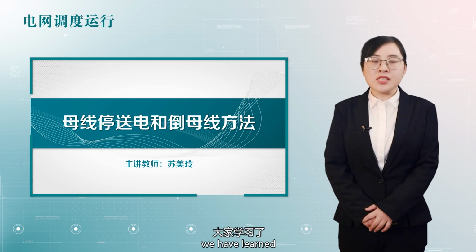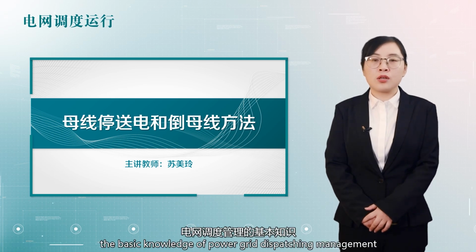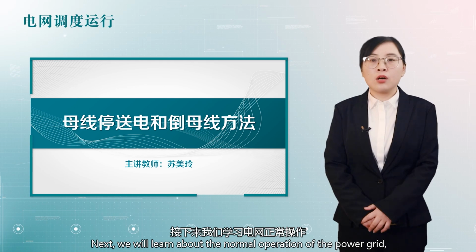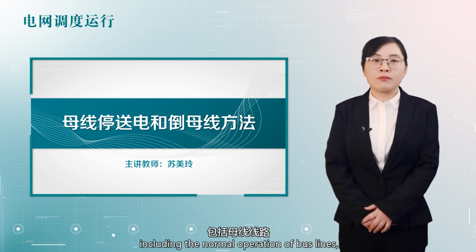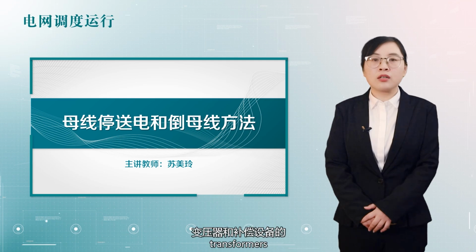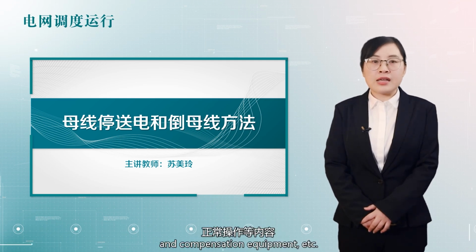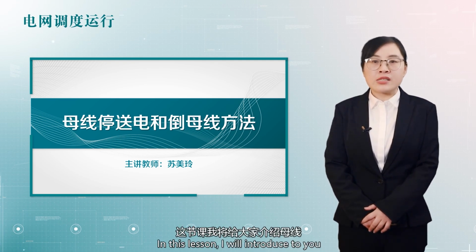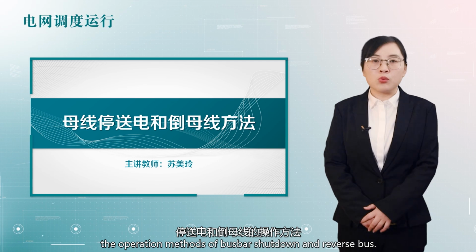Previously, we have learned the basic knowledge of power grid dispatching management and the dispatching regulations. Next, we will learn about the normal operation of the power grid, including the normal operation of bus lines, transformers, and compensation equipment, etc. In this lesson, I will introduce to you the operation methods of bus bar shutdown and the reverse bus.